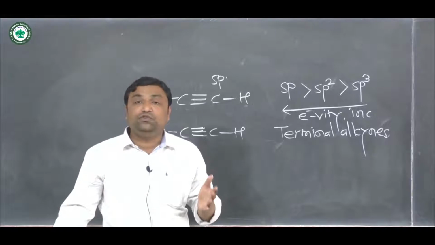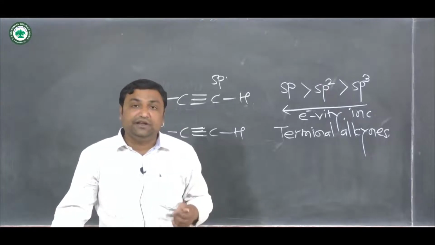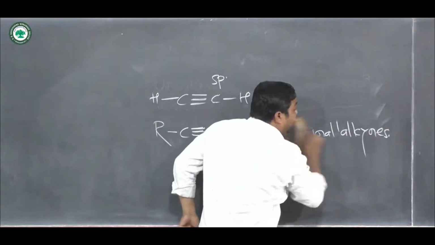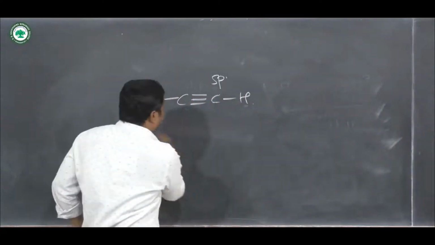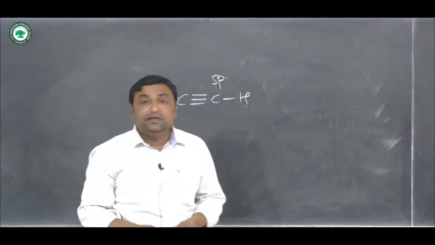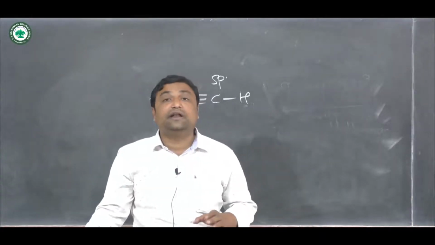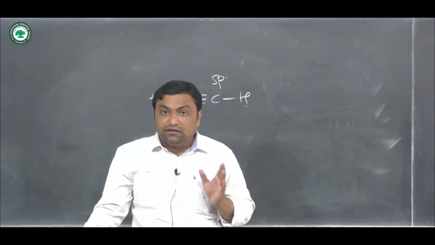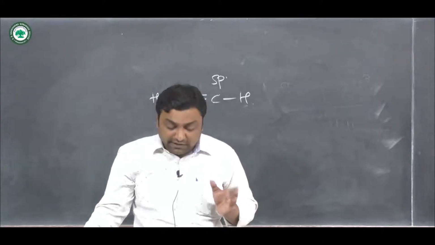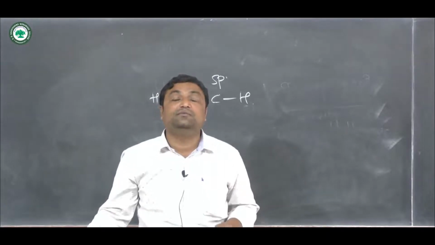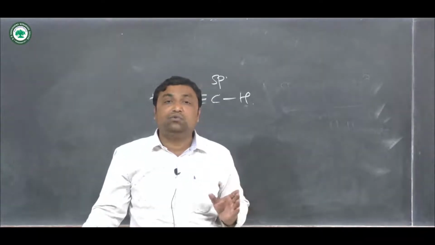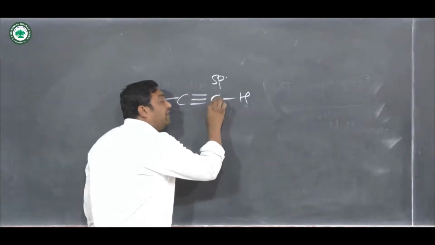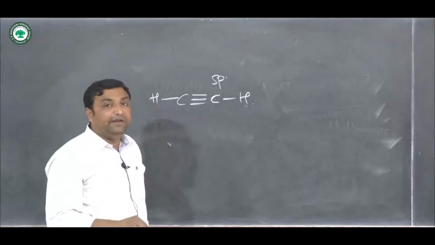And on the basis of the definition of electronegativity, it is nothing but the tendency of an atom to attract the shared pair towards itself. Now we know that this carbon atom is highly electronegative.